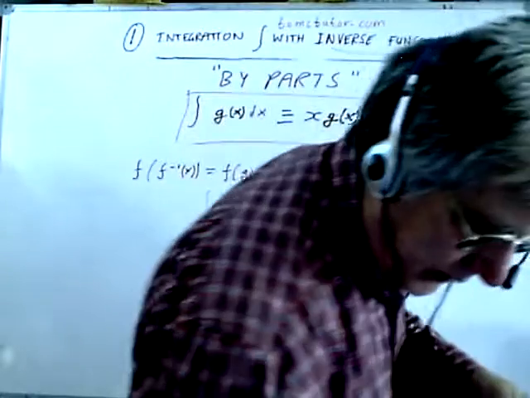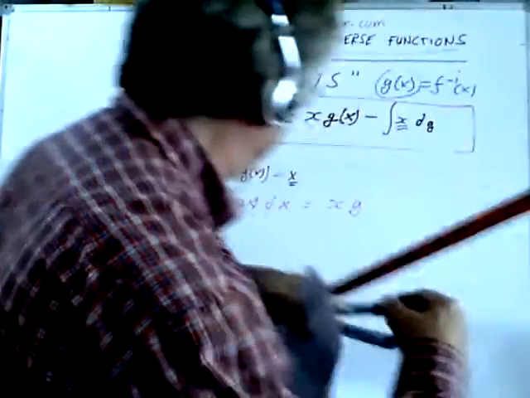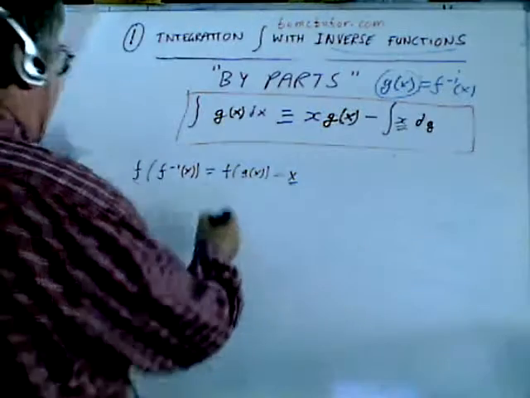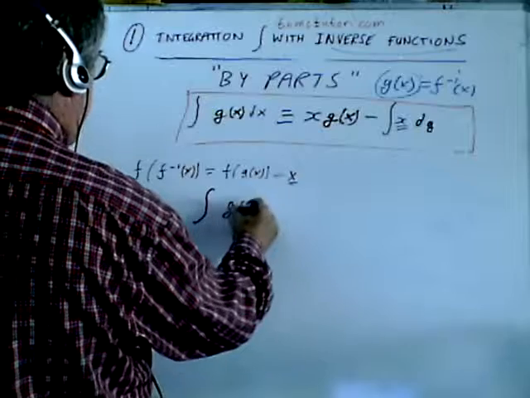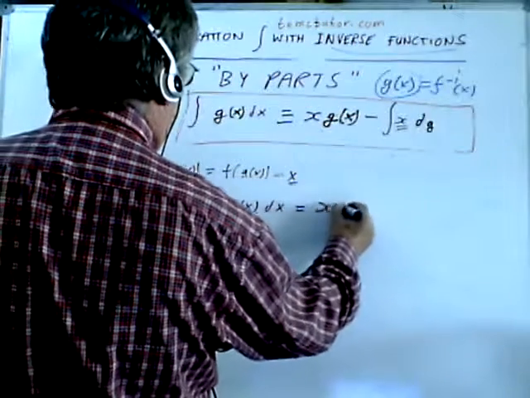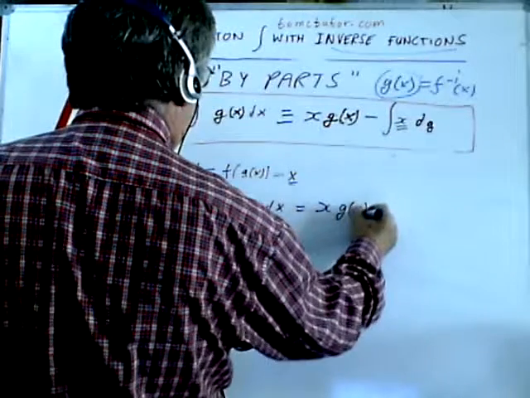Red pens went on me. Back to this colour. I'll write this again, sorry. Yeah. So the integral of g of x dx is x of g of x. Okay.